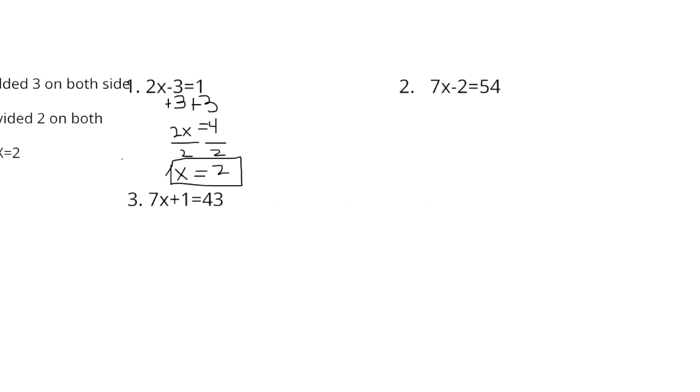All right, now let's add 2 onto both sides. 7x is equal to 54. Or, no, not 54.